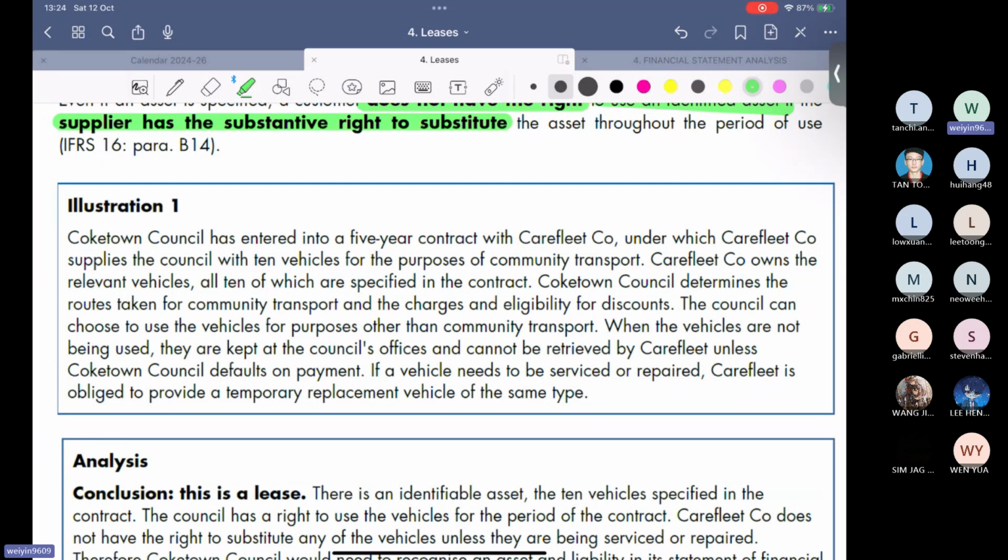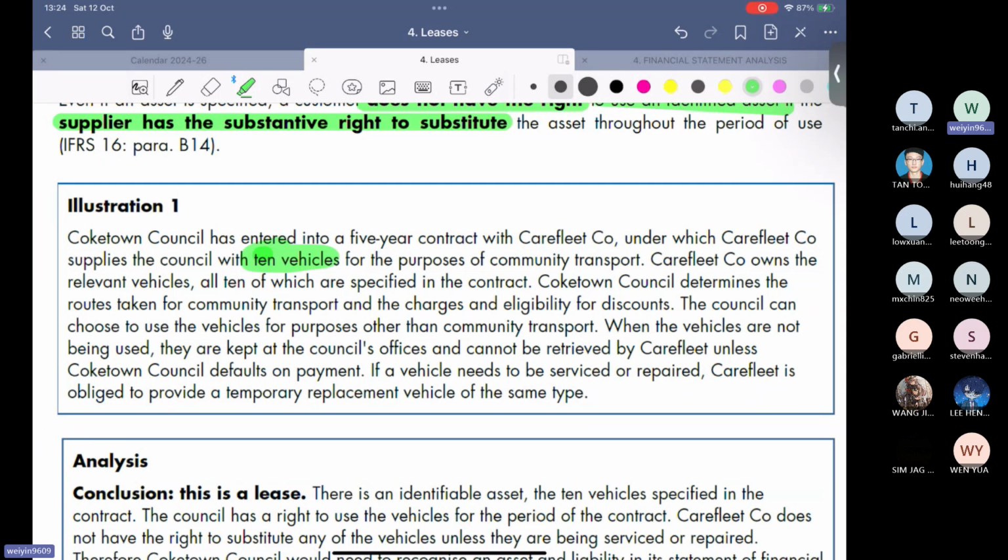Okay, you look at this question. Corktown Council has entered into a 5-year contract with Clarfeet Co., in which Clarfeet supplies the council with 10 vehicles for community transport. Corktown Council is basically just like our DBKL, or in Kajang, it will be Bandaraya Kajang.